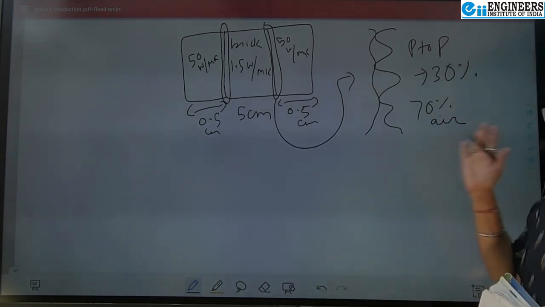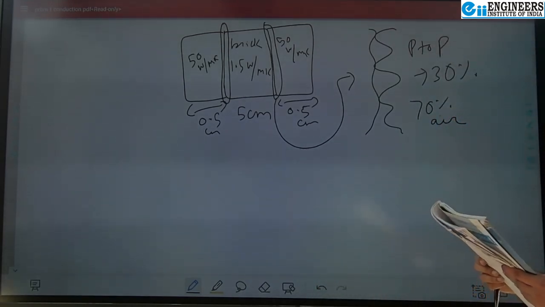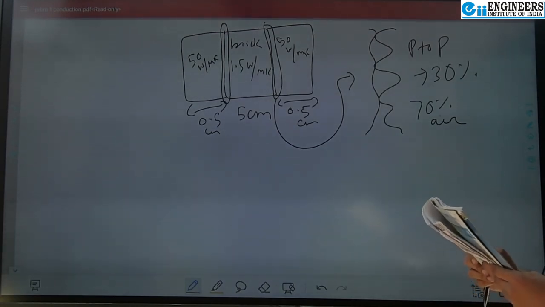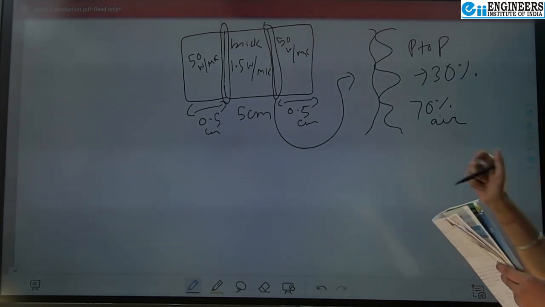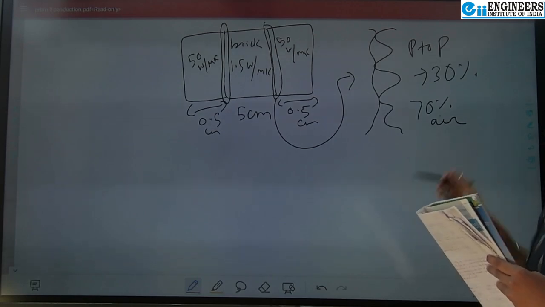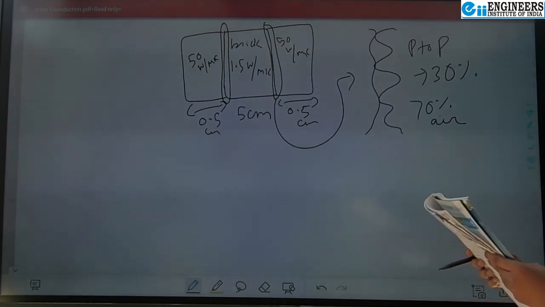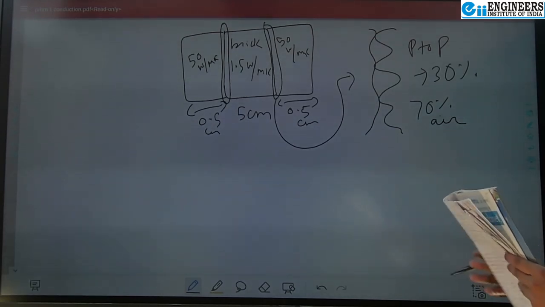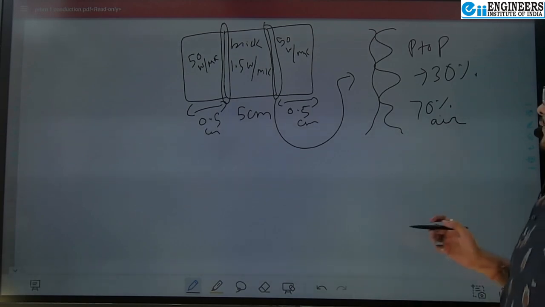The faces of the brick adjacent to the plate are rough, having solid to solid contact of 30%. If the solid to solid contact is 30%, the rest void that is remaining constitutes the air, which encompasses the 70% of the net area. The average height of the asperities is 0.1 cm.